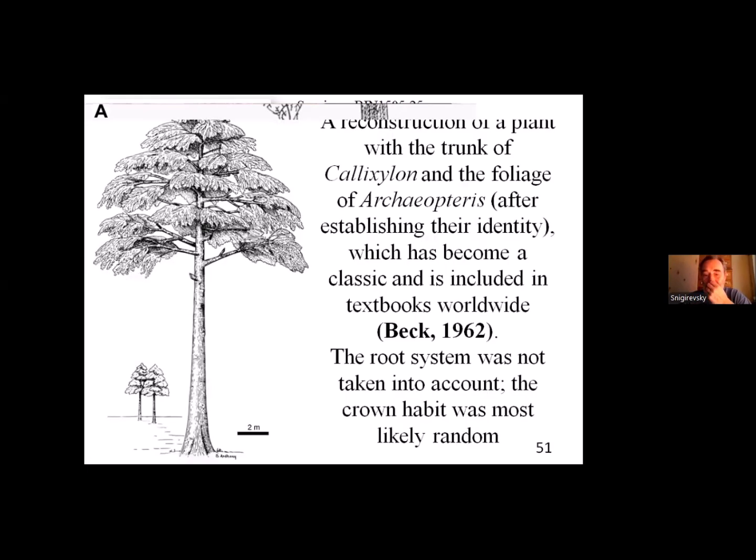Thirty years later, Charles Beck, who established the identity between Archaeopteris and Callixylon, created a new classical reconstruction of this plant. You can see this reconstruction in all the botanical and paleobotanical textbooks.